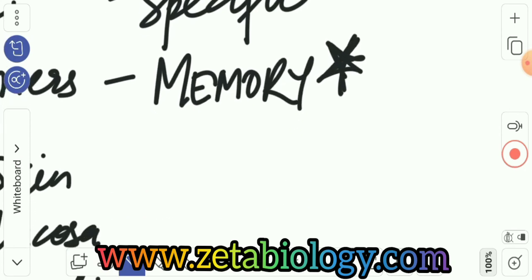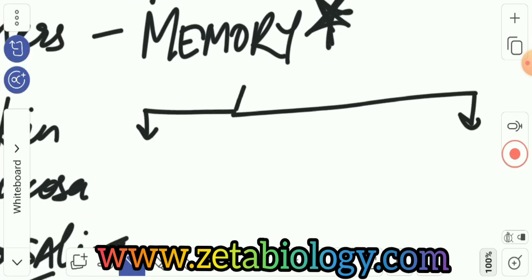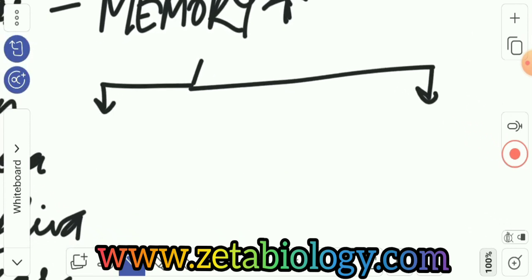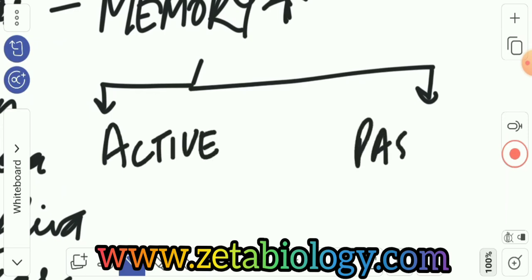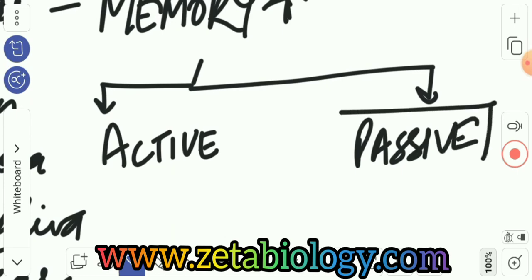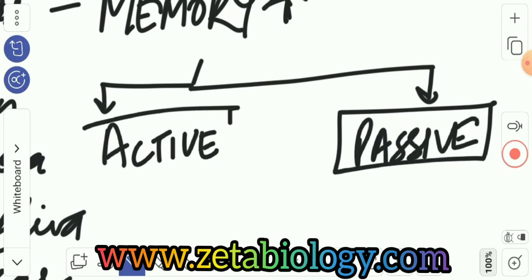Innate immunity is not characterized by memory. So this immunity consists of two types: active and passive. So active and passive immunity.